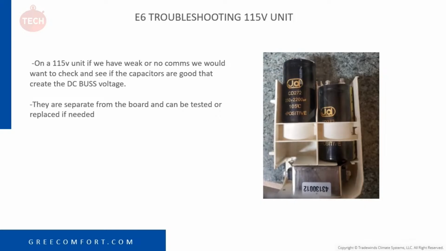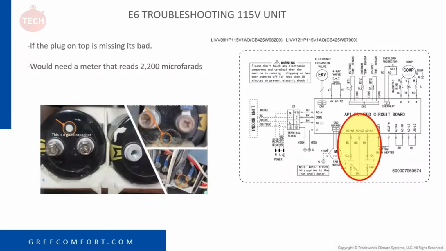So I have a picture of these capacitors. They are separate capacitors compared to your 230 volt unit, and they create your DC bus voltage, that also creates your communication voltage. They are separate. They can be tested. You would, again, have to have a meter that reads up to 2200 microfarads or a little higher. That's how much these measure each. On the picture here to the left, there's a little rubber cap.